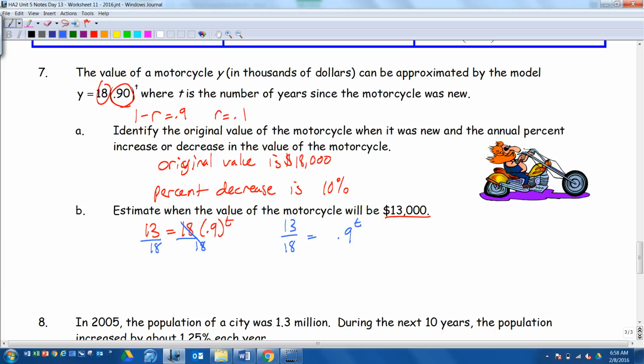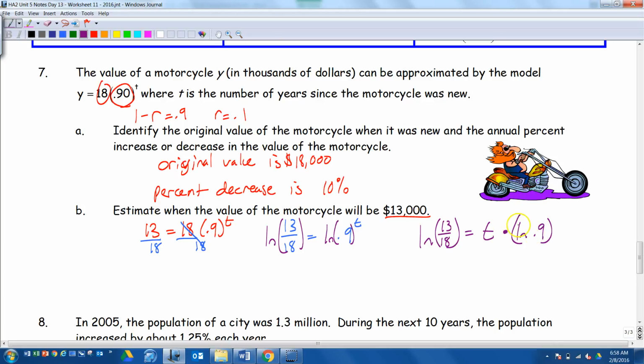So when we solve these equations on the quiz that we just took, you needed to either log or natural log both sides. So I'm going to natural log both sides, and you get the natural log of 13/18 is equal to t times the natural log of 0.9.